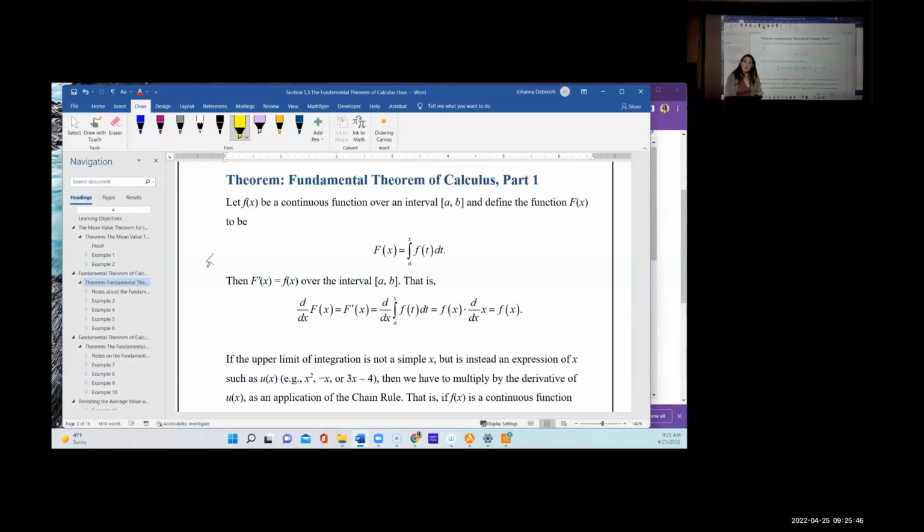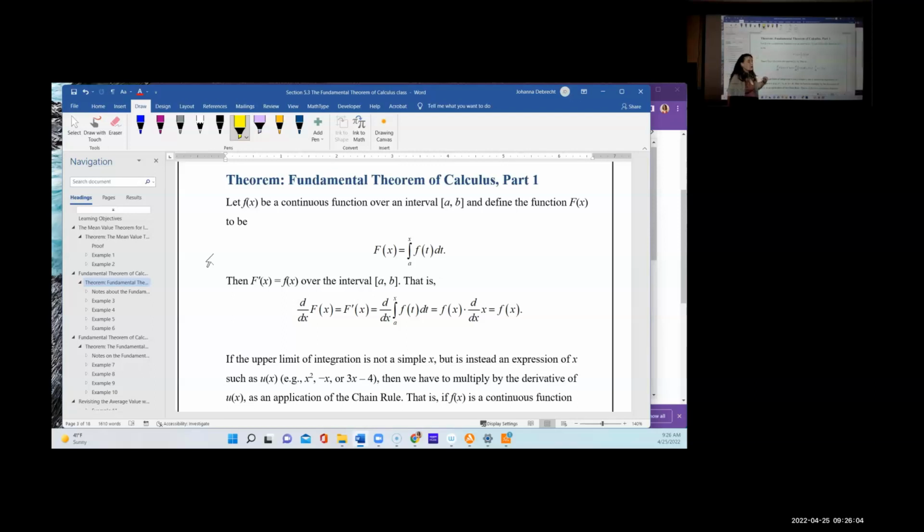Note that this is the same condition that we need to apply the mean value theorem for integrals, the one that says the function has to take on that average height value. So because it's the same condition, we'll be able to apply the mean value theorem for integrals if we need it.